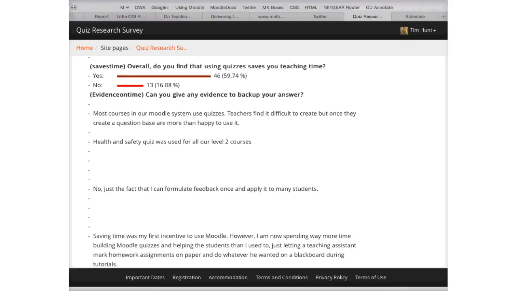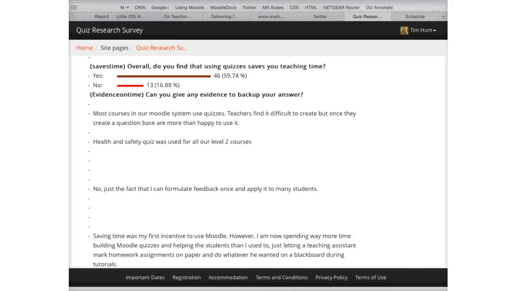Hopefully you can see that. This is the result of the survey we did, well, some of the results. One of the things we asked teachers was, overall, do you think using quizzes saves you time? And quite a majority thought that quizzes did actually save time overall.